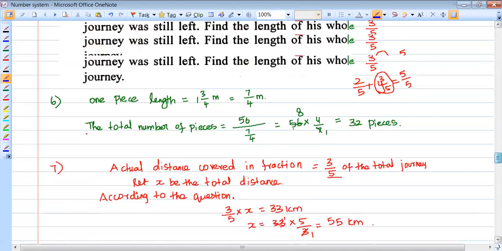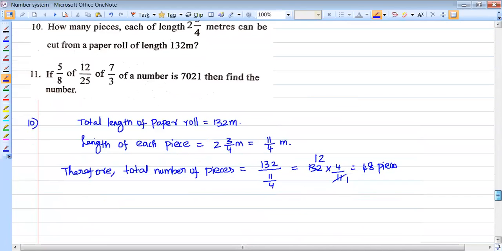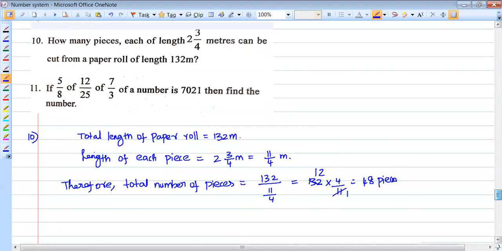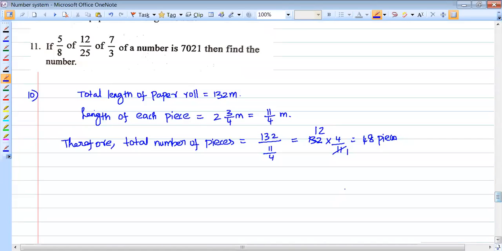Now we are in question number 11. Okay. So, yes, now you have to solve question number 11.